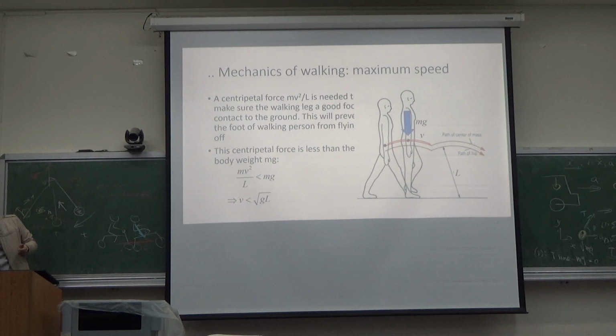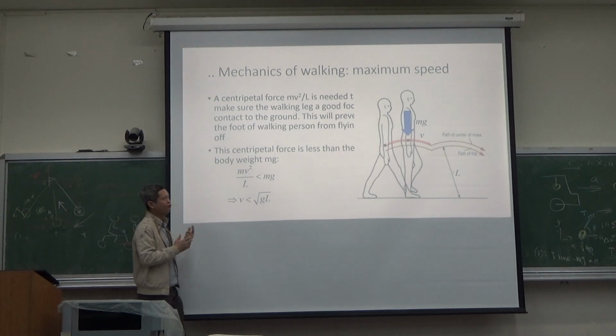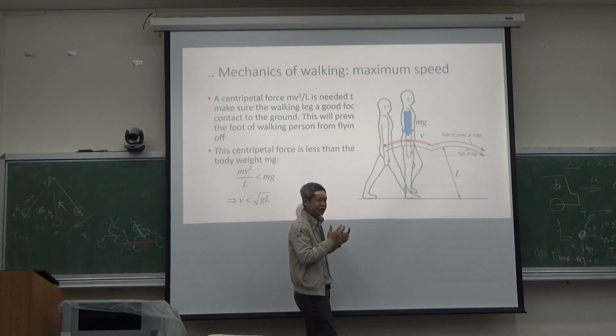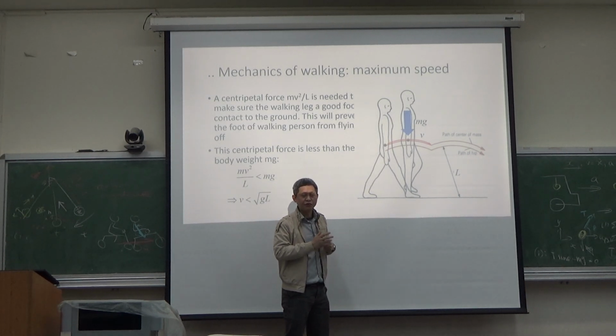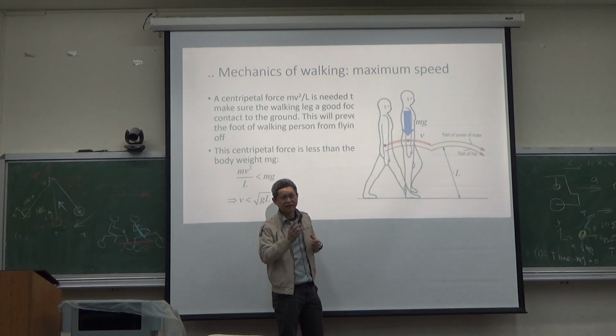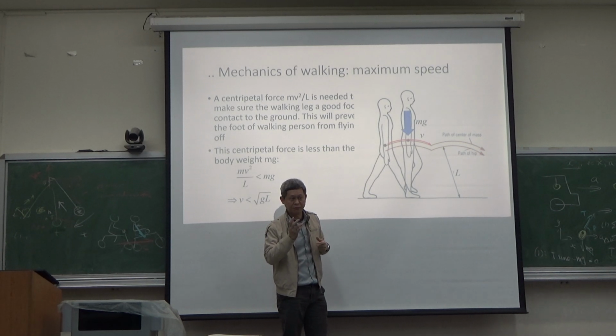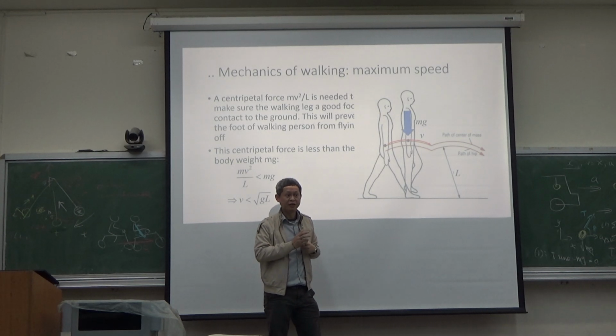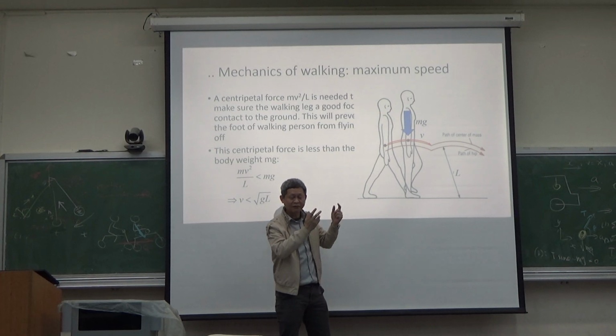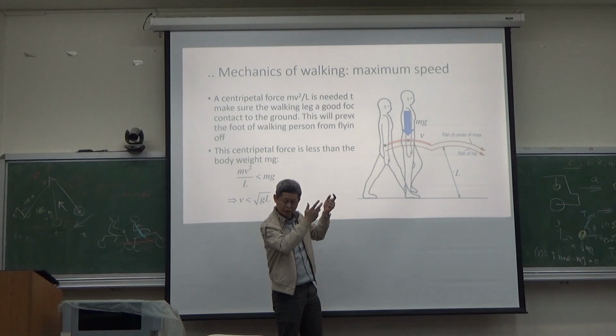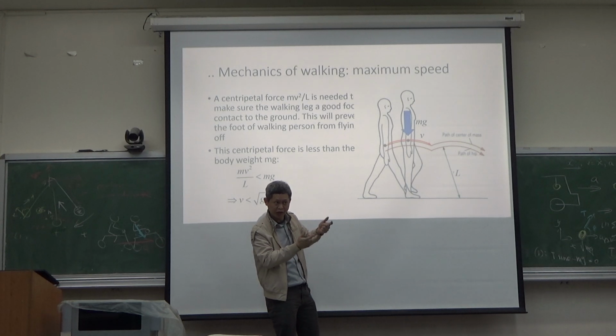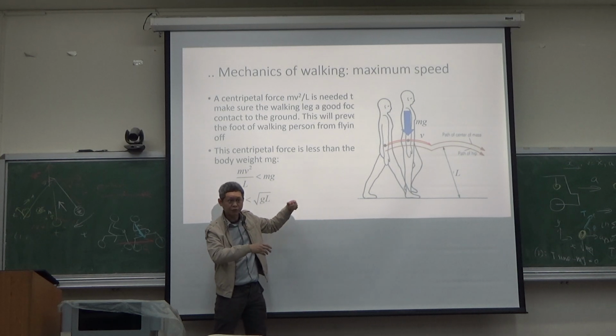As you are moving forward with increasing speed, you may not know that your body center is subjected to centrifugal force. Without the weight being the centripetal force to keep your body down to earth, your center of gravity will go off.